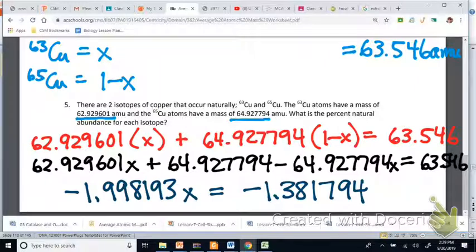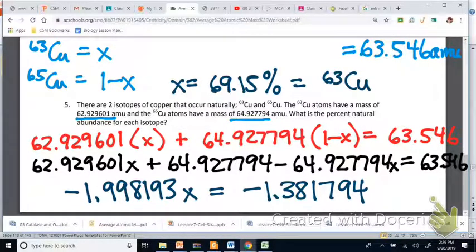I need to divide both sides by negative 1.998193. And I find that x is equal to 69.15%. Once I convert it from a decimal to a percent, that's equal to the abundance of copper 63.